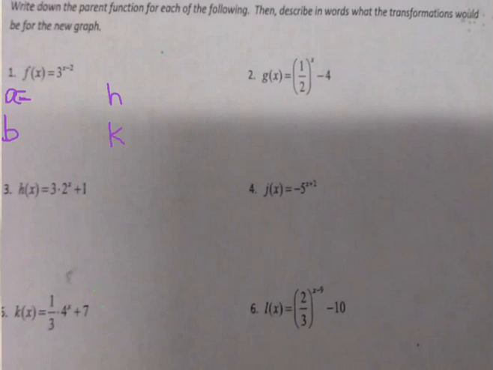If there's no number present that we see, we know the a value is 1. And because the a value is positive 1, the graph is going to rise. Positive a, the graph rises. B is 3 because that's with our exponent. So because b is 3, we know we have growth.